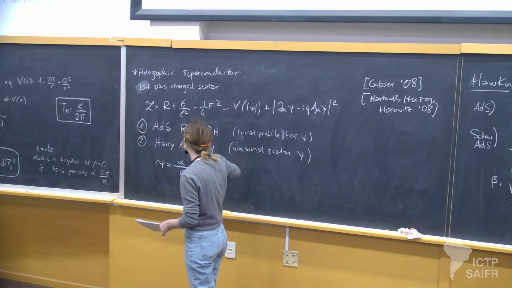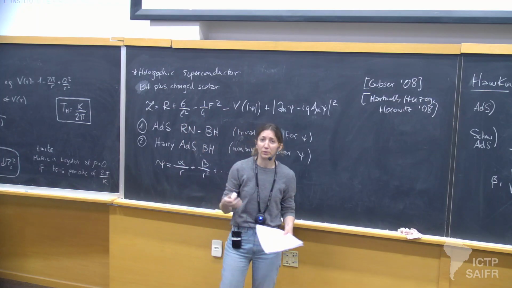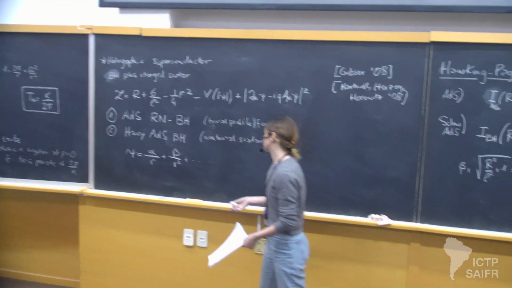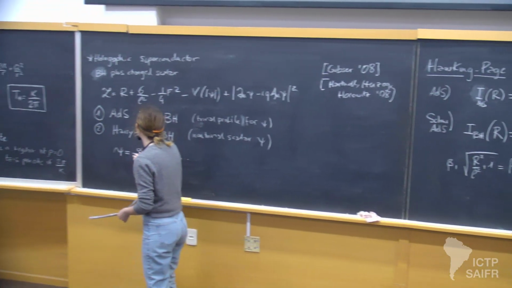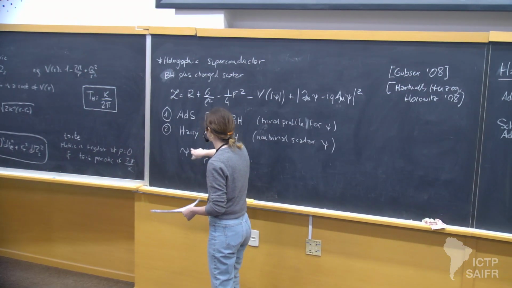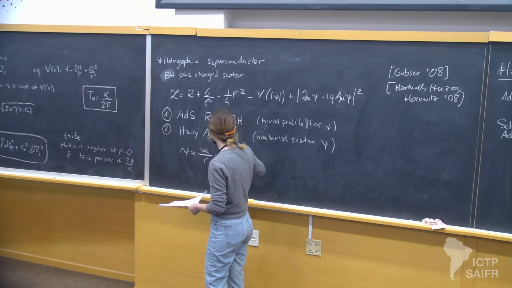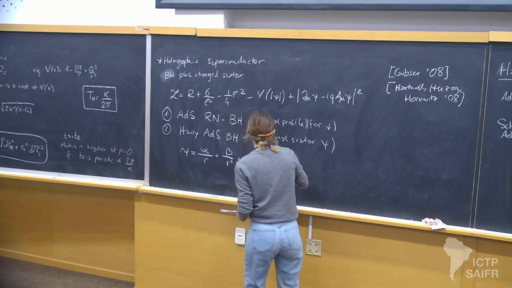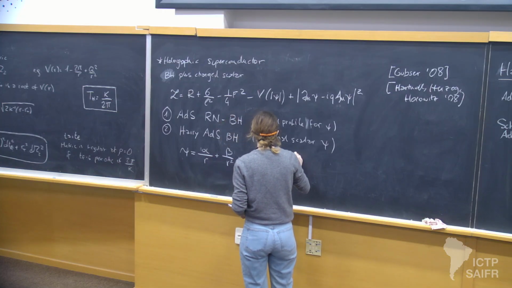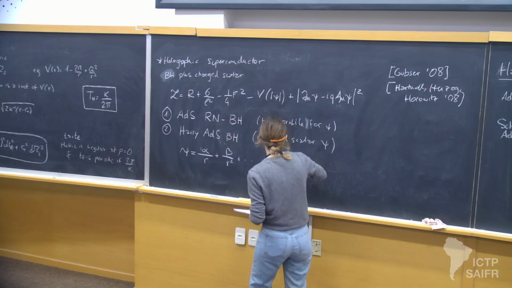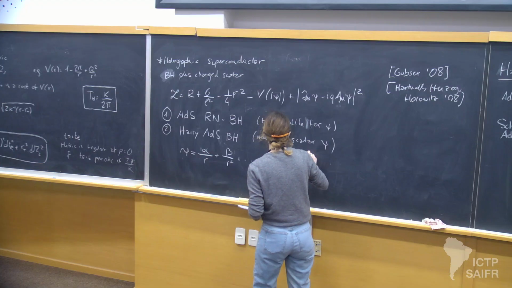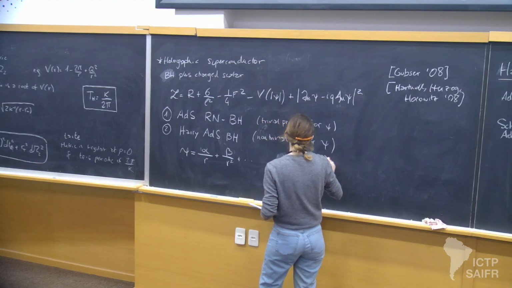alpha and beta, in general, are the VEV and the source for the operators in the dual field theory. If you assume the Dirichlet boundary conditions, you set this one to 0, which is what is in general done. Beta is the VEV of the operator in the dual field theory.